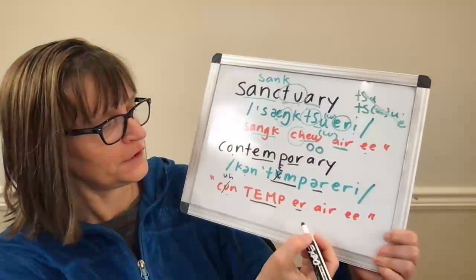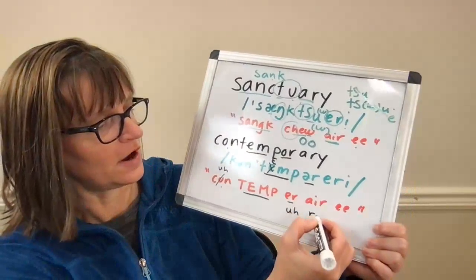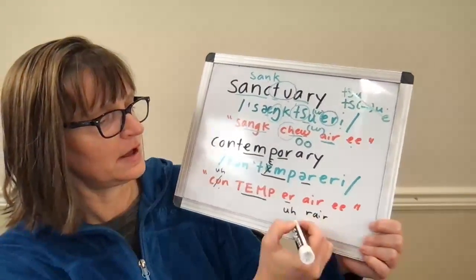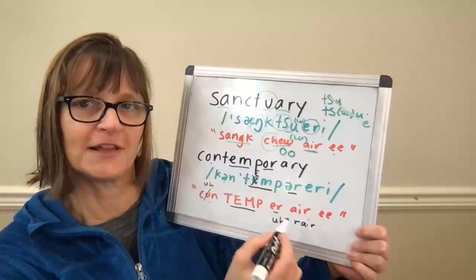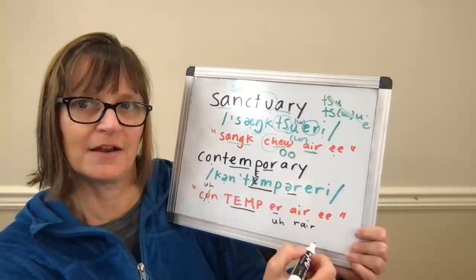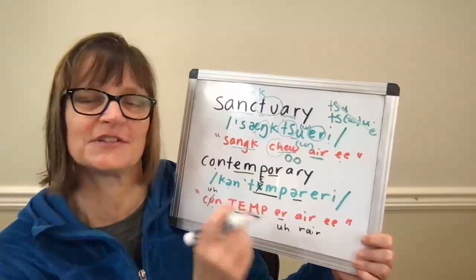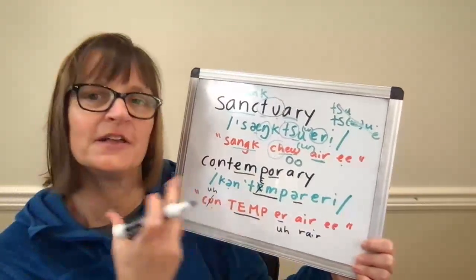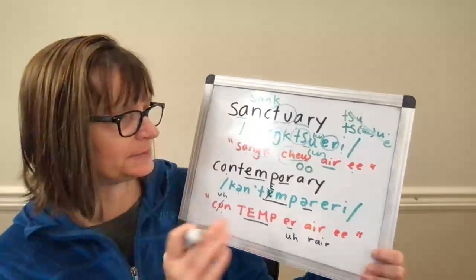If it's hard for you to do the er you can also think about it like an uh with an R on the next syllable, rare. For a lot of people, doing rare is hard, so I like to think about it as air. Ultimately, I have to go in and out of those R sounds, urary. So you want to practice doing the er and the air in sequence.